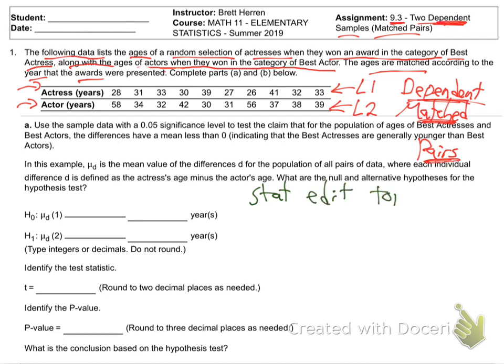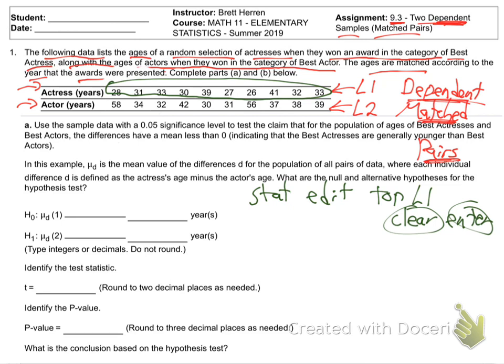Go to the top of L1 and hit clear and enter to clear out L1, and put this data in L1, put the other data in L2. Put the data sets in L1 and L2. So that's the first thing.